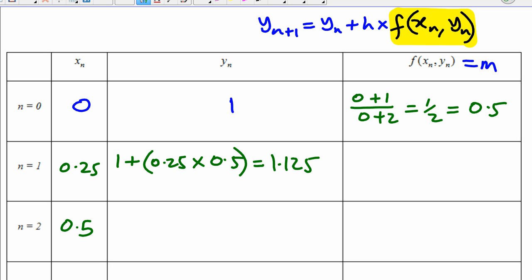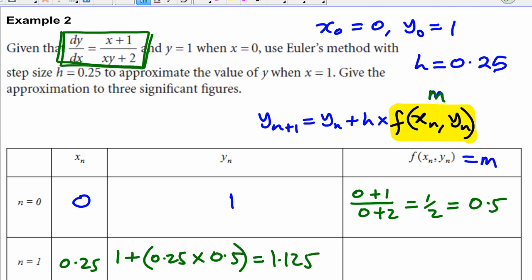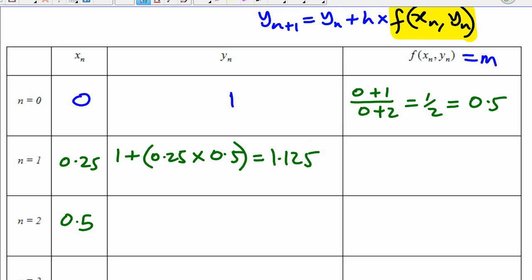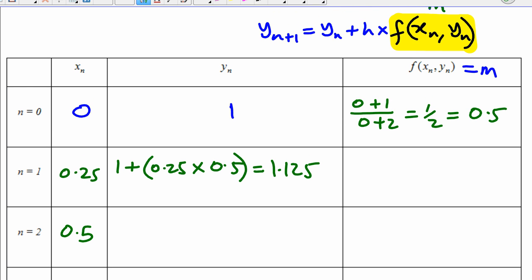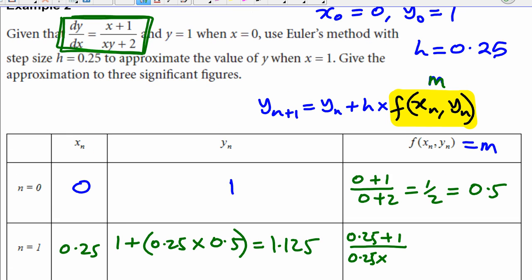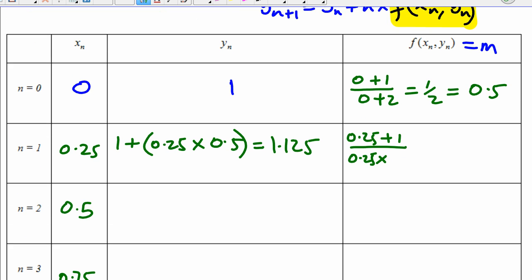To find the gradient, you just plug this back into the differential equation above, this one. So to find the gradient, that will be equal to 0.25 plus 1 over 0.25 multiplied by, yes, your x and y values, multiplied by 1.125 plus 2.